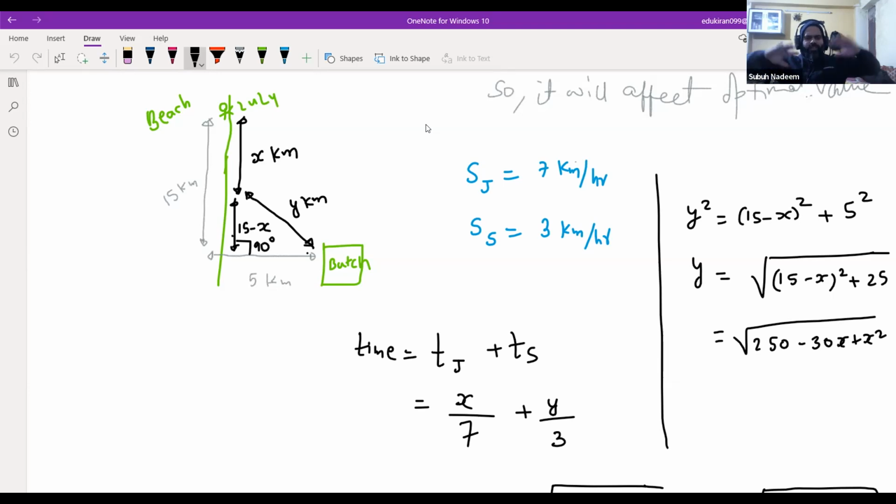Time formula, we know distance by speed, because speed is distance by time. Yes, sir.